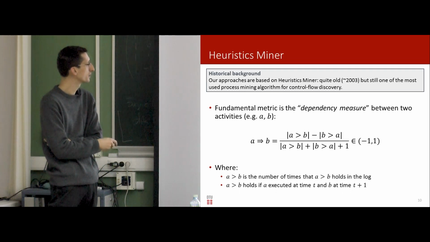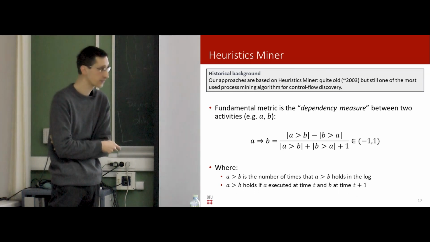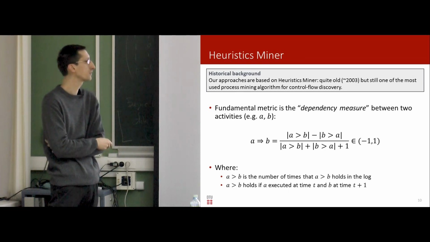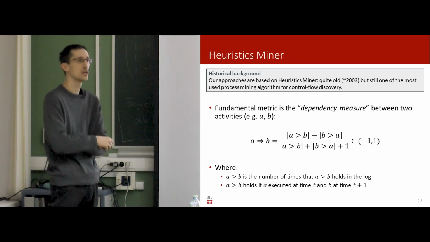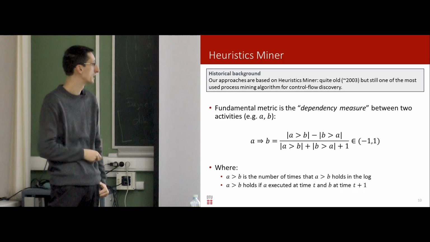It's computed between two activities, and the idea is to analyze how many times two activities occur one directly after the other, minus the number of times the other way around happens, divided by some normalization factor. So the higher the value of this formula, the more likely there's a functional dependency between A and B.